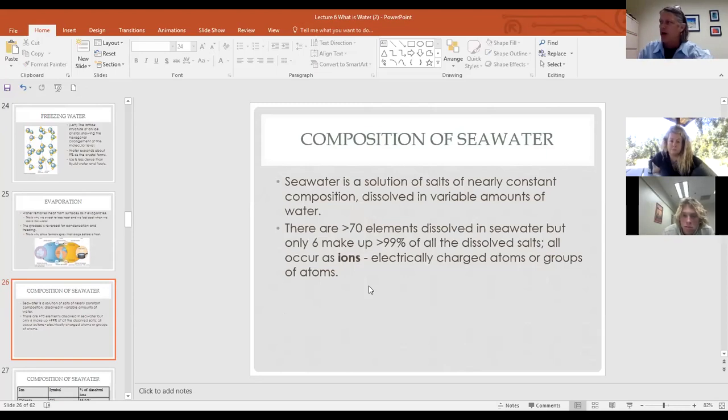Now, the composition of seawater, because water's polar, salts, ionic substances dissolve in it. So things that are ionically bonded dissolve in water. So seawater is 35 parts per thousand solid, and 965 parts per thousand water, or 3.5% dissolved solids.